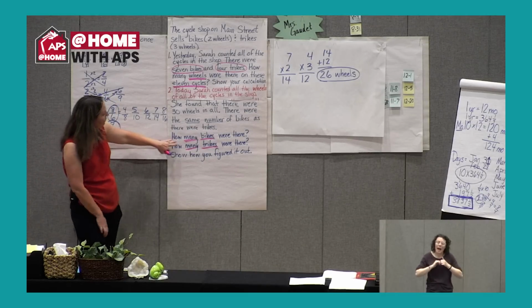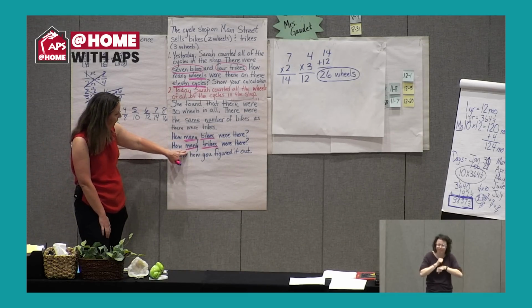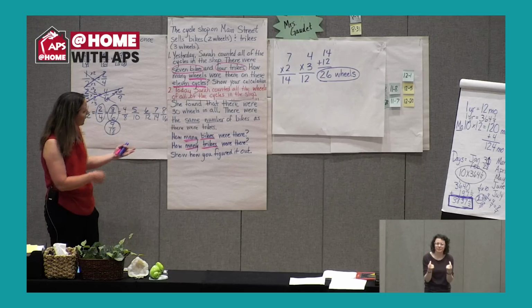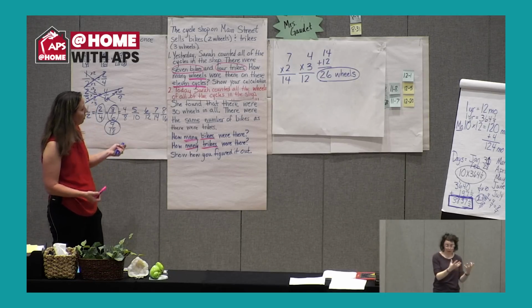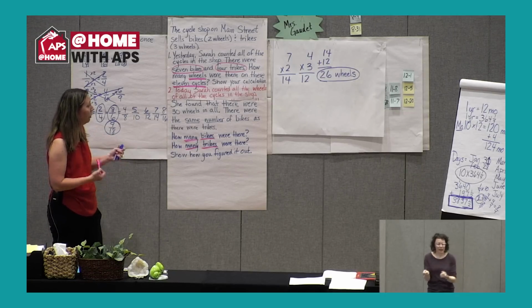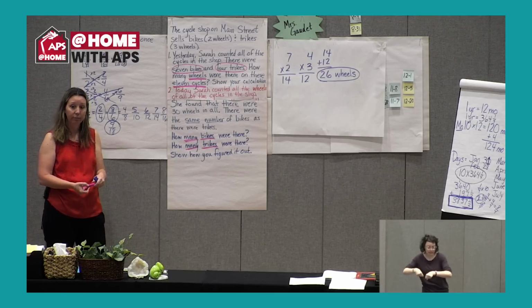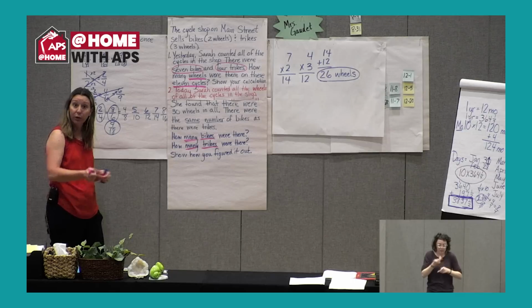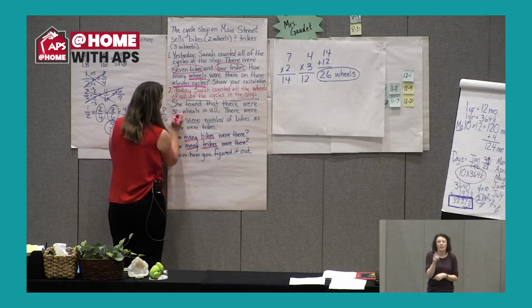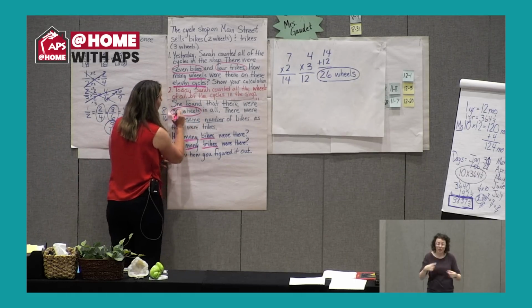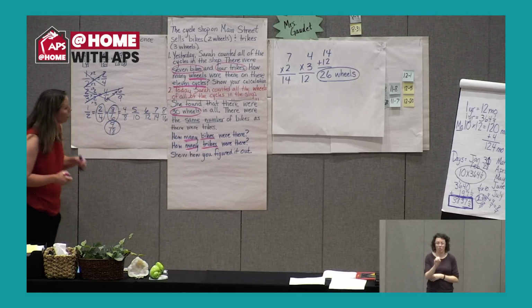So if we have how many bikes, how many trikes, now we need to circle what information do we have that will help us. We have the 30 wheels, right? So we have 30 wheels.